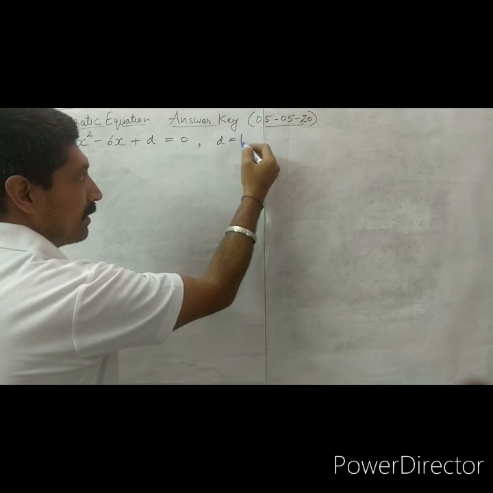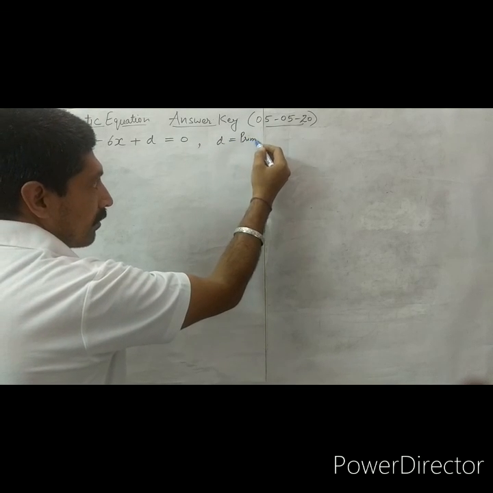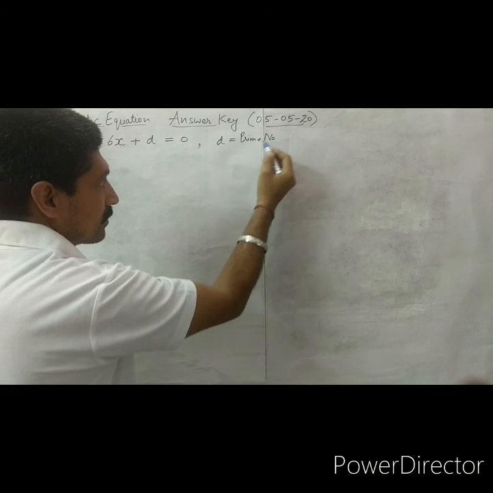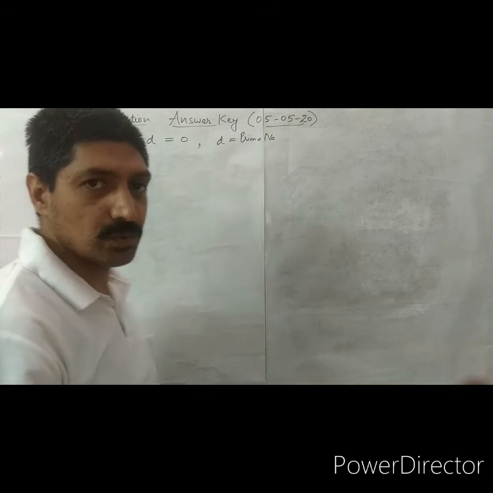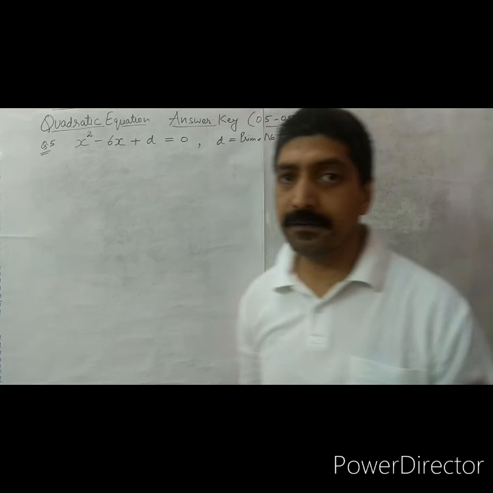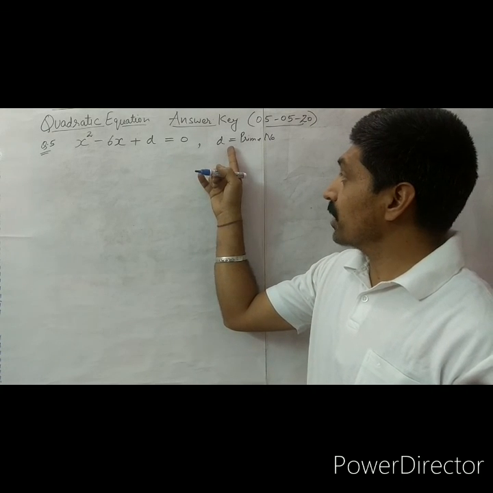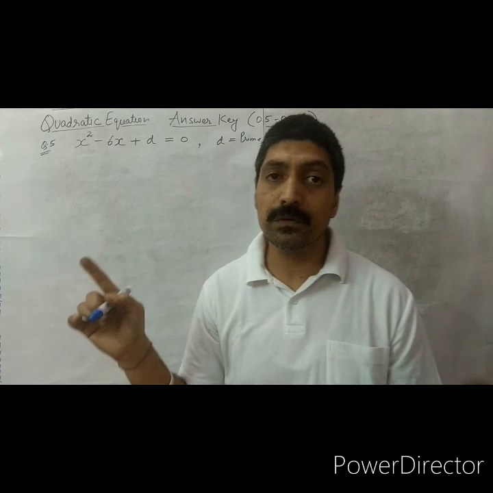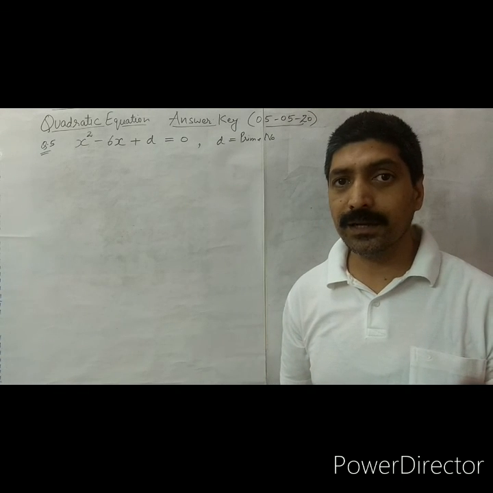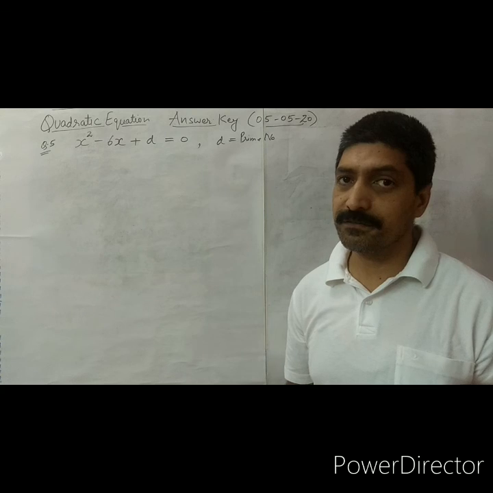It is given. We know prime numbers: smallest prime number is 2, 3, 5, 7, and so on. The numbers which have only two factors, 1 and the number itself.